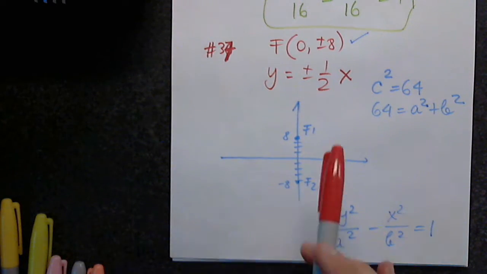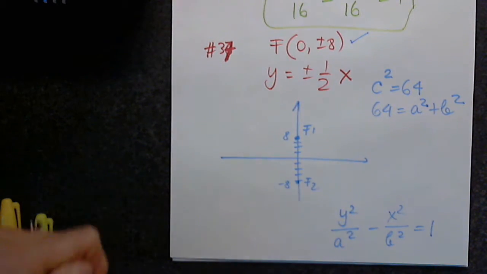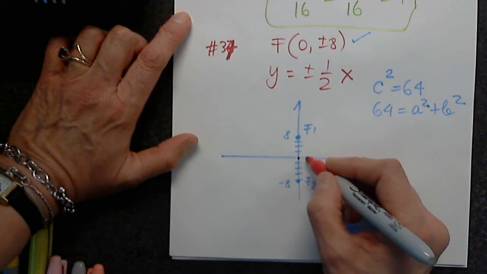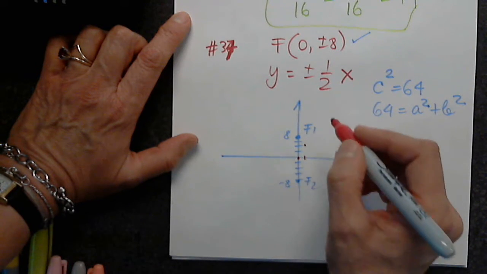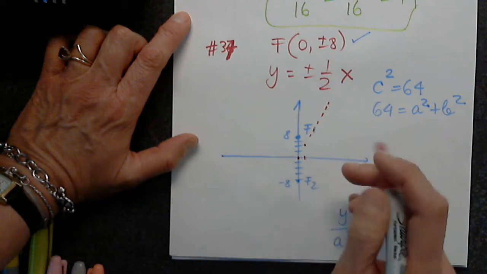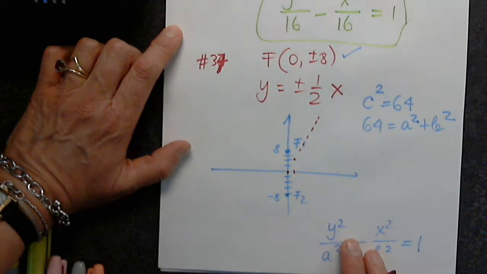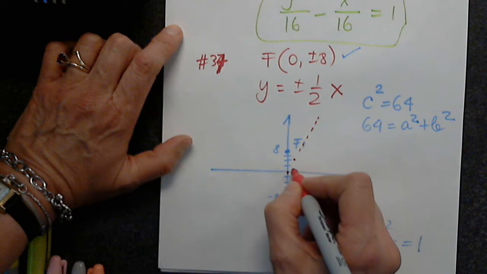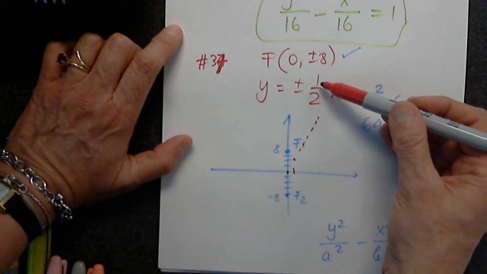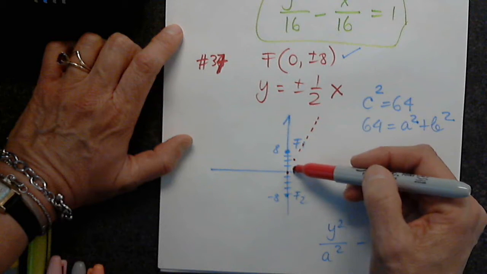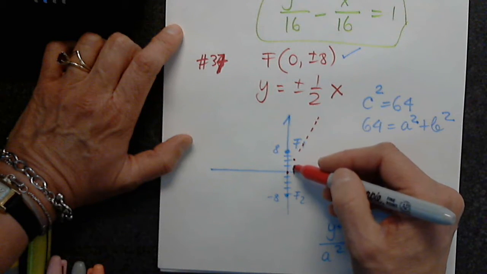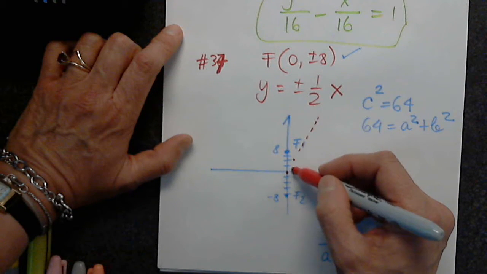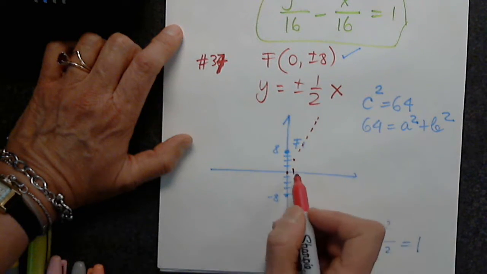So I also know that, starting at (0, 0), when x is 1, y is 2 on the asymptote. So right here, at the first line, the height is 2. So the rise is 1.